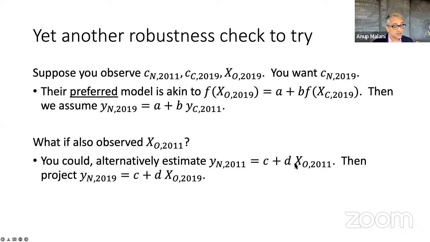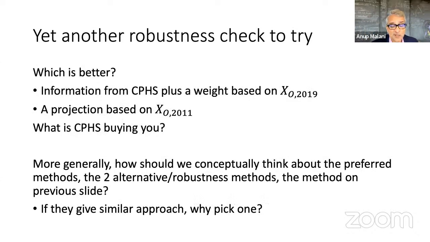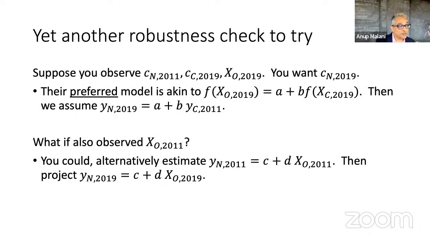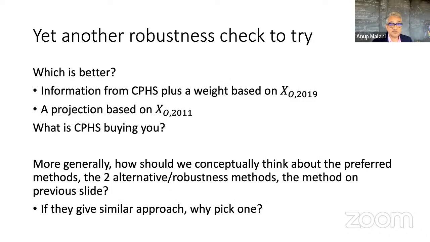You run this regression, and then you assume that if that data set also exists later, say in 2019, you can predict consumption in 2019 from NSS using that same regression. I haven't used CPHS at all; I've just predicted off those other data sets. Now, if I compare their preferred method to this method, all I've done is that in their method, we use CPHS, and in the method I just suggested, you don't. The question is which is better, and that's really a question of what CPHS is buying you.